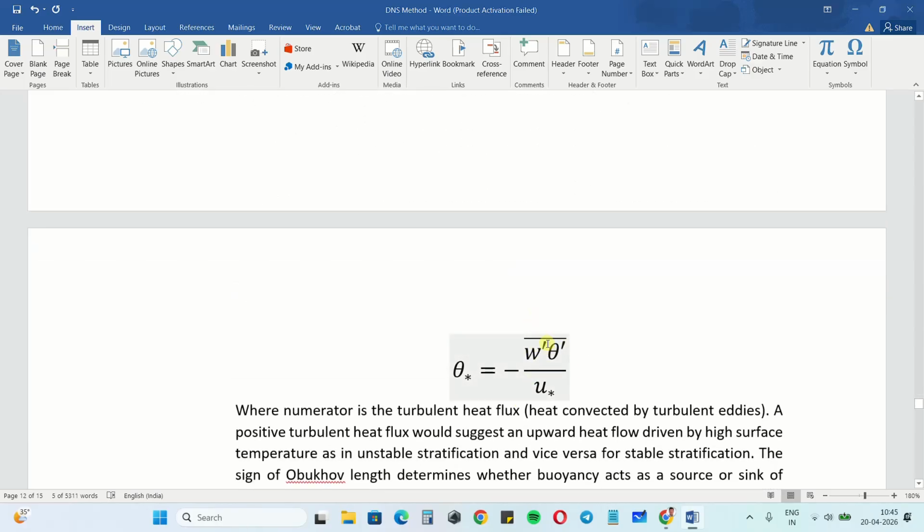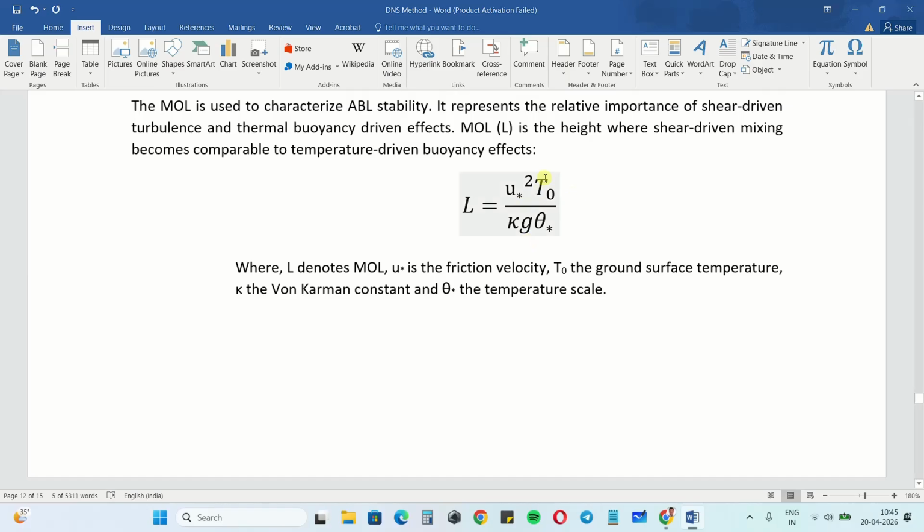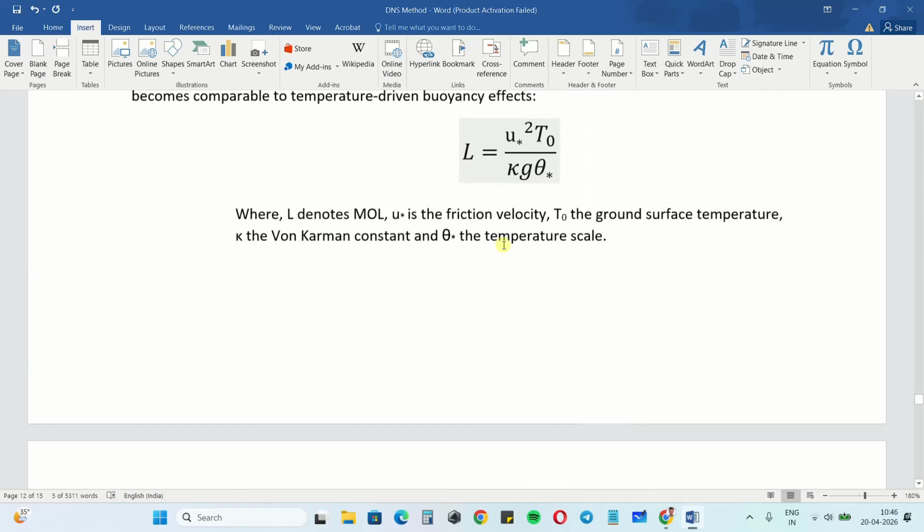Okay, turbulent heat flux is the thermal energy being convected by turbulence. Okay, and in the top you have kind of kinetic energy. So basically Obukhov length shows the relative strength of shear and buoyancy effect.